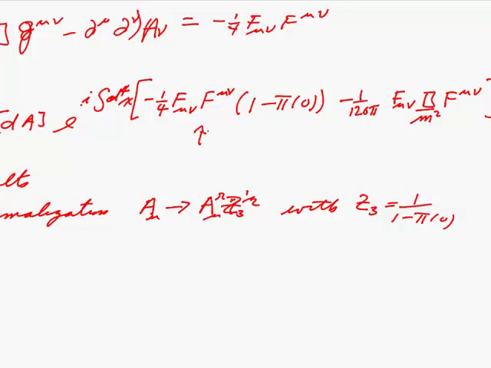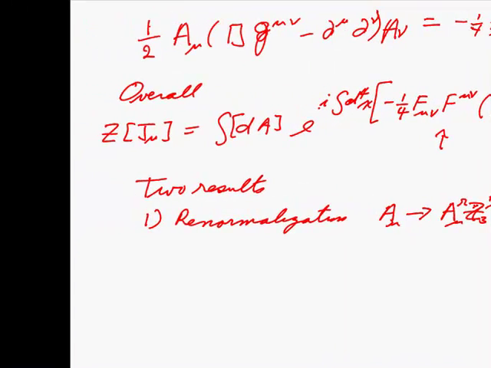So you substitute that in back up there. The z3 that comes out from the two A's cancels the 1 minus pi of 0, and we're back to the usual normalization.